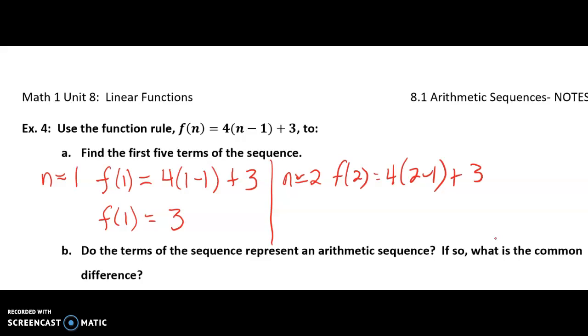So when n is equal to 2, we're looking for the second term in the sequence. So f of 2 equals 4 times (2 minus 1) plus 3. And then we get f of 2 equals 7, meaning the second term in the sequence has a value of 7. Now I want you to go ahead and find the third, fourth, and fifth terms in the sequence.